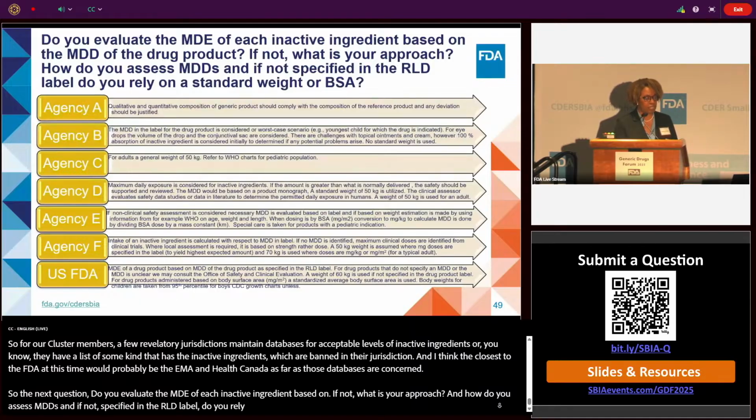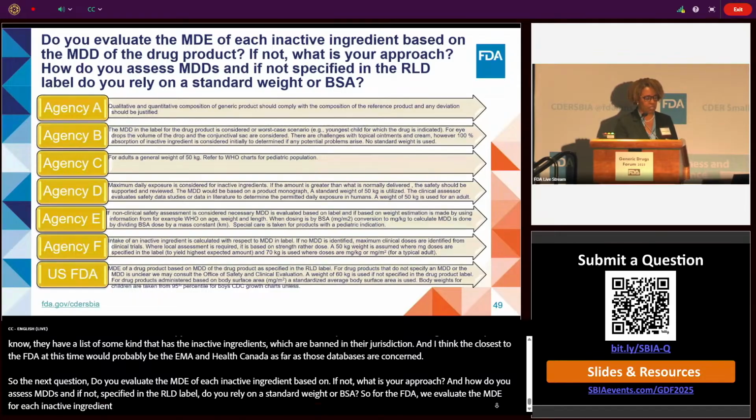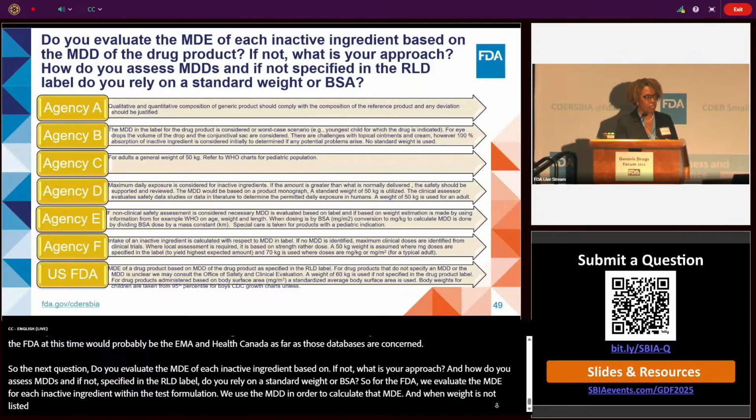So for the FDA, we evaluate the MDE for each inactive ingredient within the test formulation. We use the MDD in order to calculate that MDE. And when weight is not listed in the reference listed drug label as to what to use for that dosing, we use 60 kg for the adult population.